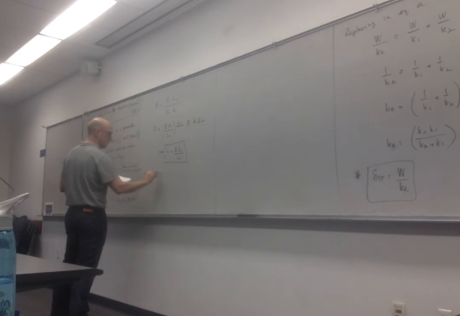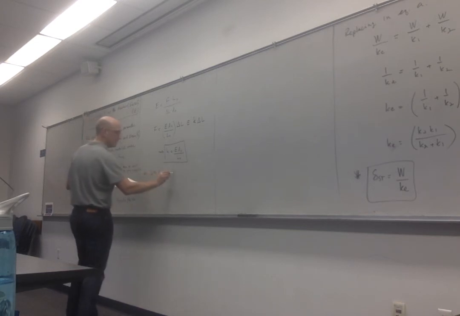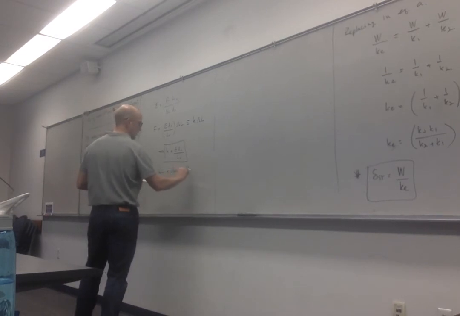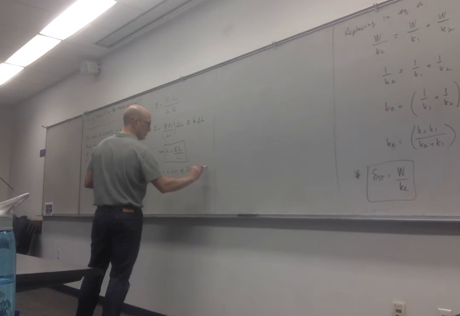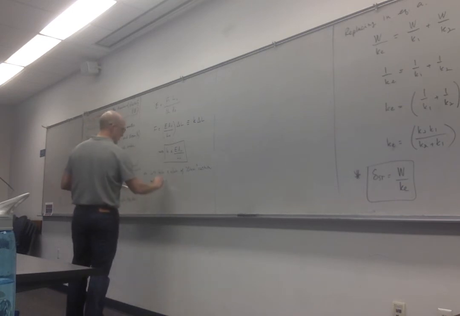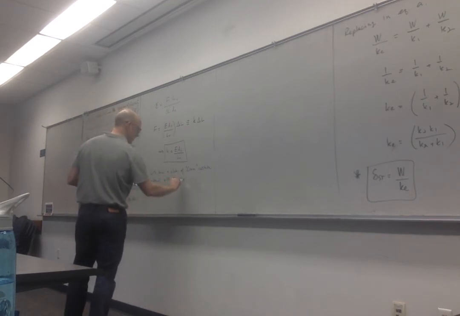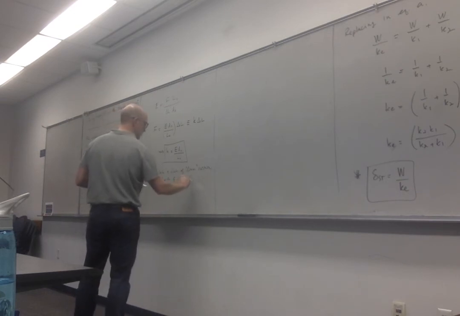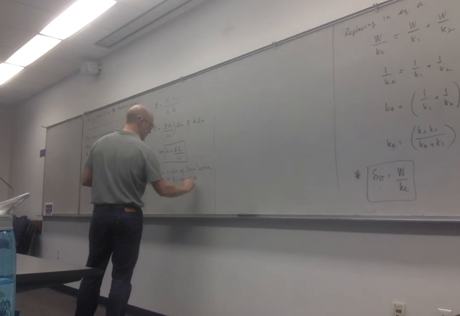Let's take a slab of linear cushion material with a modulus of elasticity equal to 172 times 10 to the 2 newtons per meter squared.